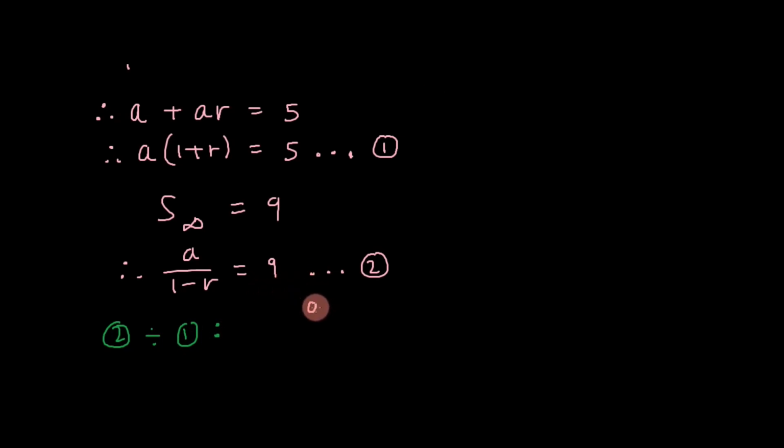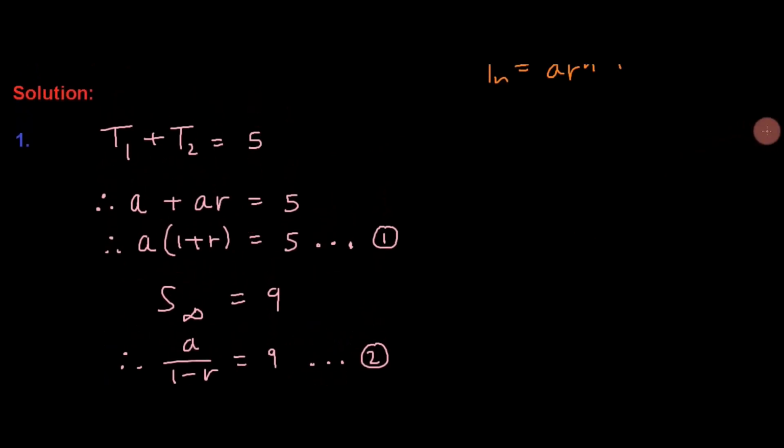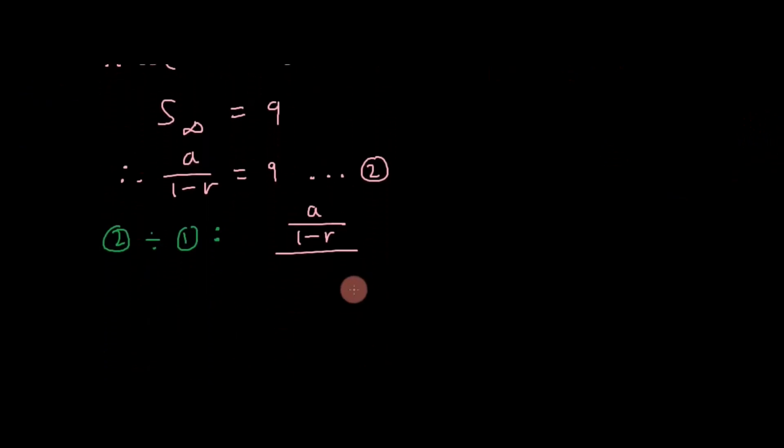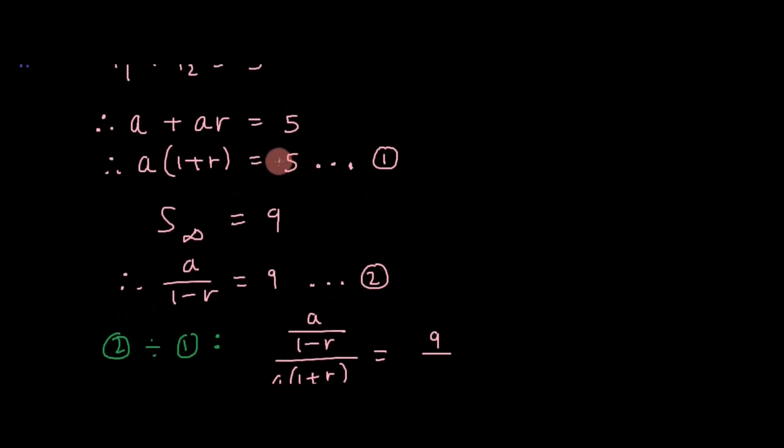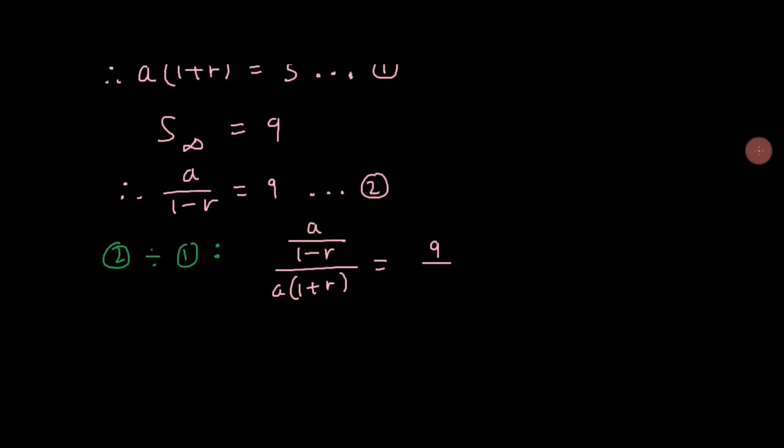So we're going to have A over 1 minus R divided by the left-hand side of equation 1, which is A into 1 plus R. So divided by A into 1 plus R. This must equal 9 divided by 5, so 9 over 5.